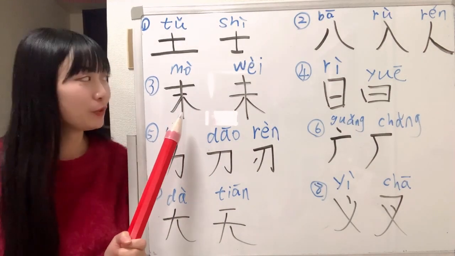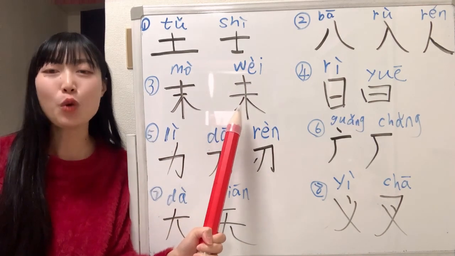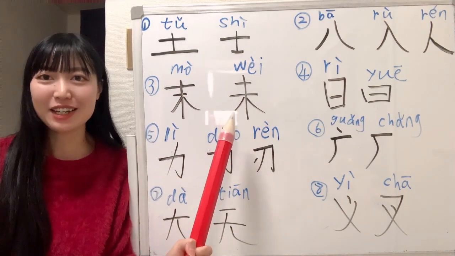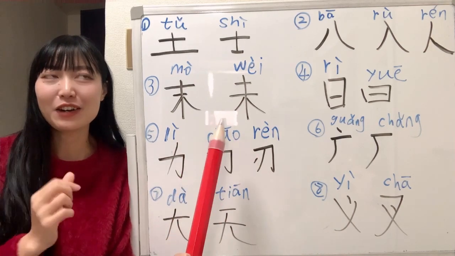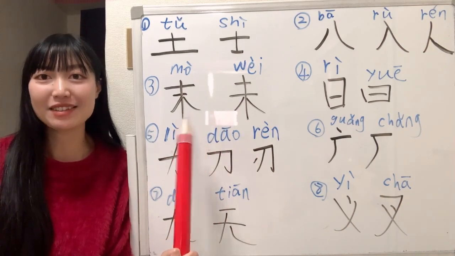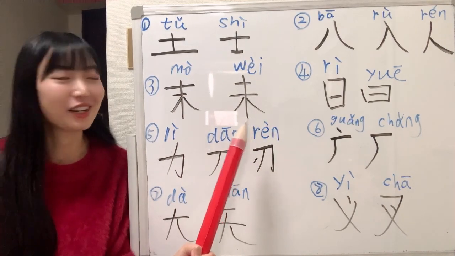Okay, next group is 末 and 未. This is very interesting. Why? Even the meaning, they are kind of opposite. 末 means the end. 未 means the future things, like 未来, future.